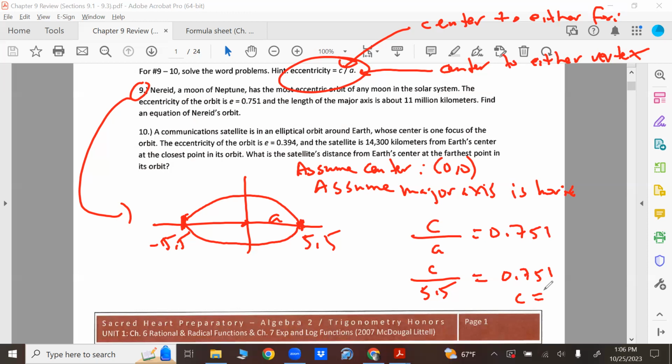Nice job. Wasn't far. Yeah, 4.13. We'll say 4.13. There we go. So C squared equals A squared minus B squared, right? C squared equals A squared minus B squared. So then you do 4.13 squared equals 5.5 squared minus B squared. And let's solve for B.